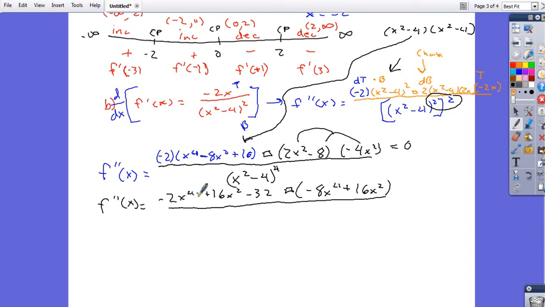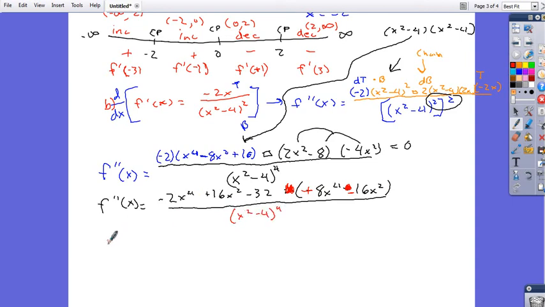Which these end up being different signs anyway, because two negatives here, get rid of that. That makes a positive, and this makes a negative. So we end up, oh, I forgot my bottom.